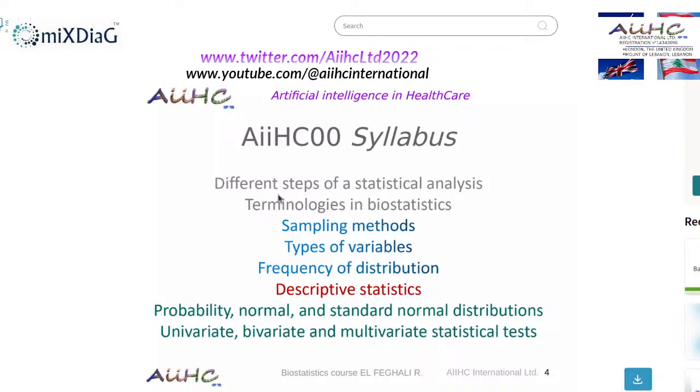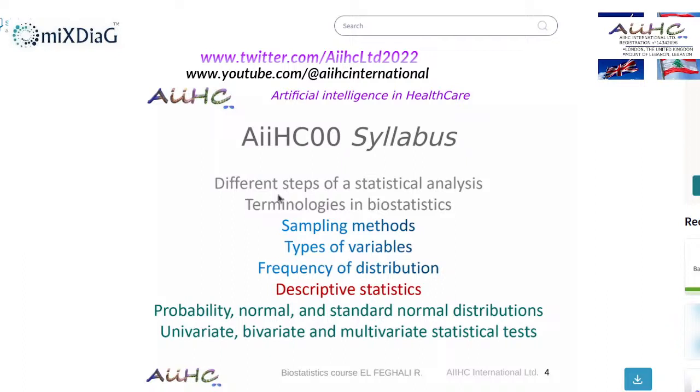So a variable will represent, in fact, a factor, or it will represent a population. It depends how we'll transpose our table, in fact. What we'll consider as a variable. Frequency of distribution. Also here it's probability and how a distribution in fact may be assessed.